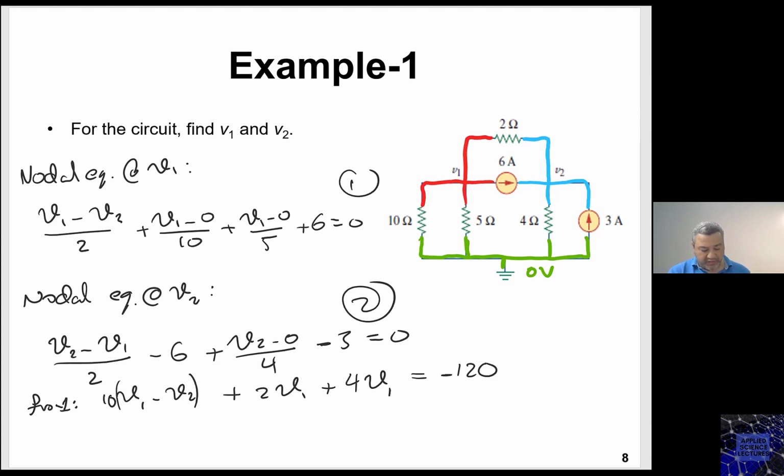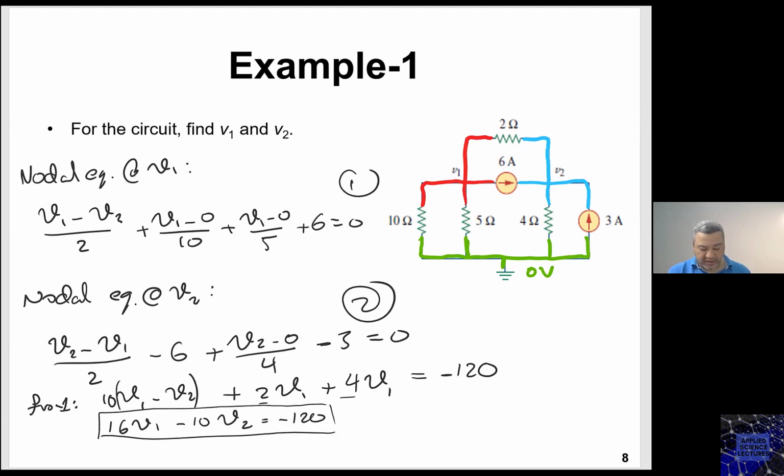Now this one becomes 10V1 plus 2 plus 4, 16V1 minus 10V2 equals minus 120. So this is the first equation.